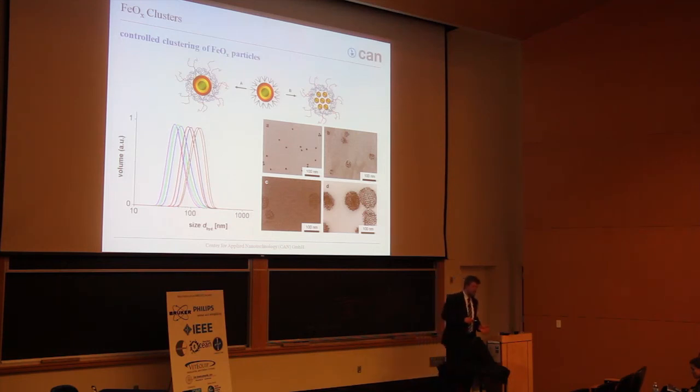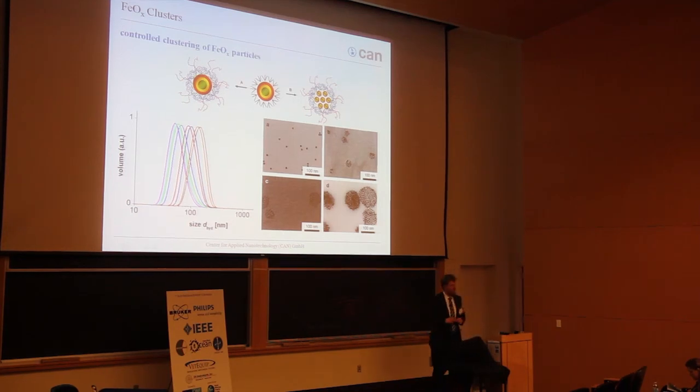So we had to change the flow speed, we had to change the mixer a little bit, and what we end up with is the possibility to make single encapsulated particles, small, medium, or large micelles, which are all filled with iron oxide particles, and they are in the size between 30 nanometers for single encapsulated particles and around 200 nanometers for the large clusters, with the others in between. So this is really interesting. If you do MRI, for example, you can increase the R2 value from approximately 50 to something around 400 to 500. So this has a huge influence on the behavior of these particles.